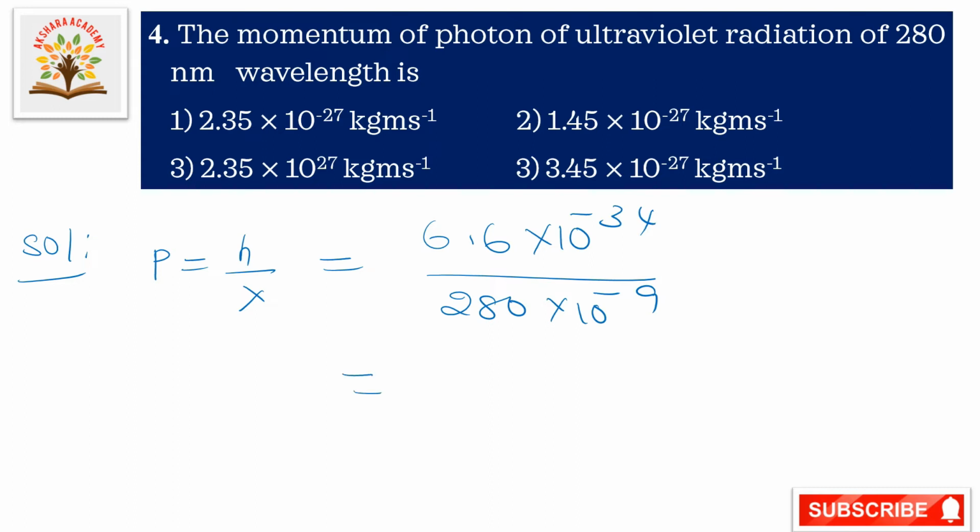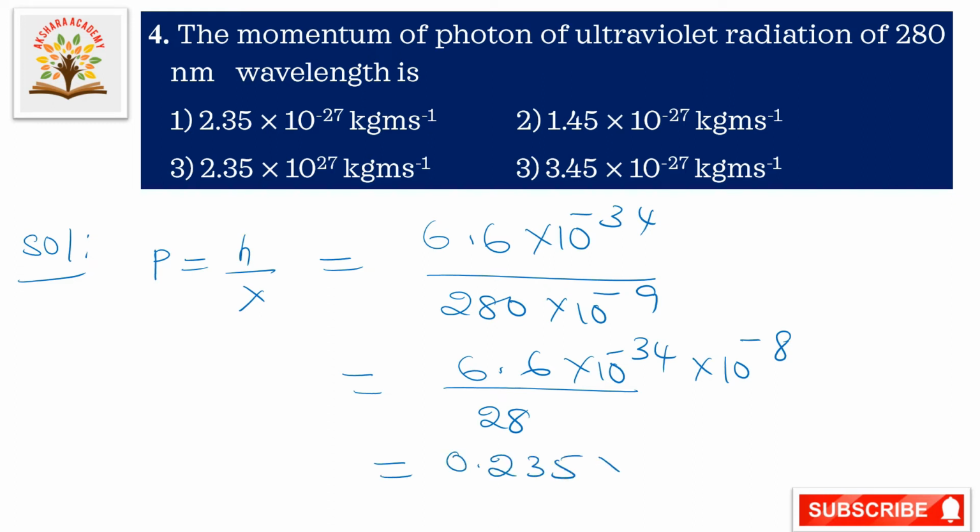So this is equal to 6.6 by 28 into 10⁻³⁴ into 10⁻⁸. So after division we are getting 0.235 × 10⁻²⁶. Here the minus 8 will go to the numerator as plus 8, so minus 34 plus 8 is minus 26.